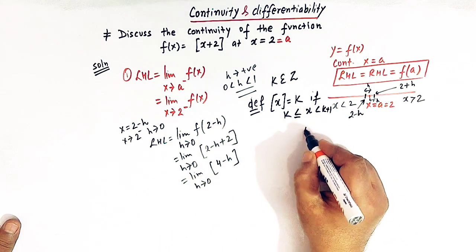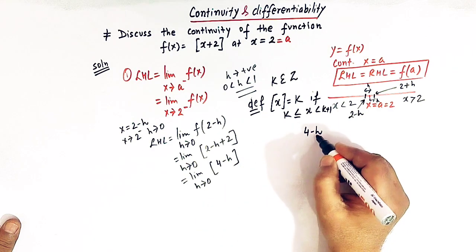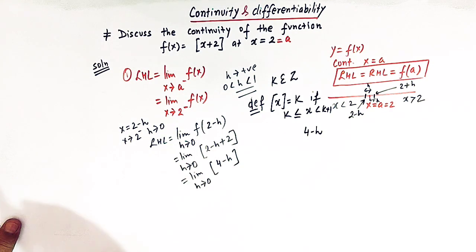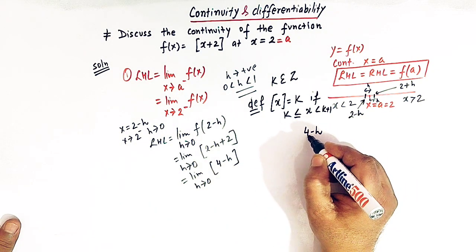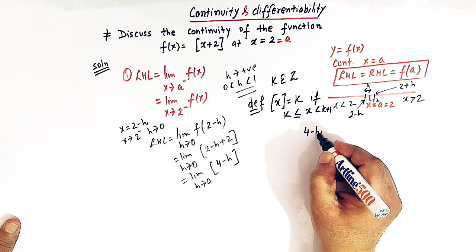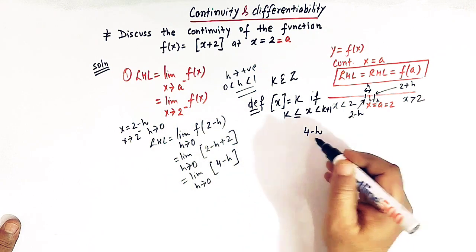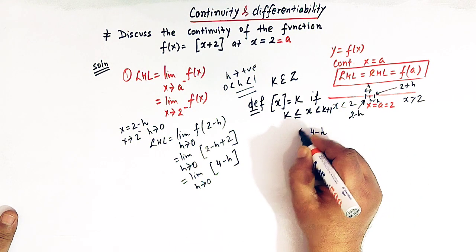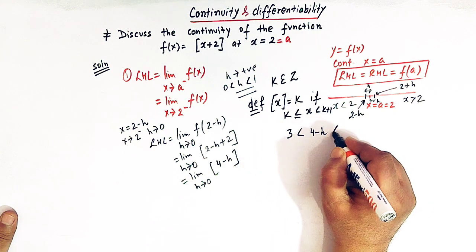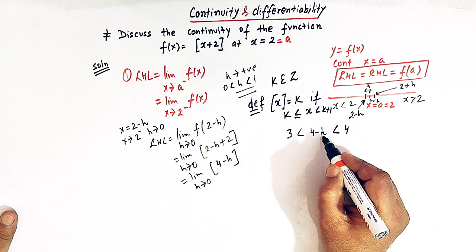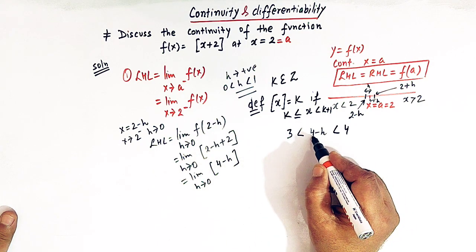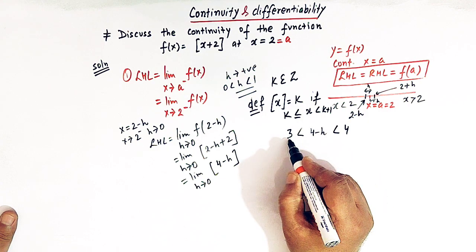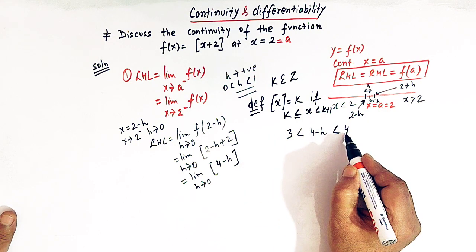So here we have 4 minus h. Now remember, h is a positive quantity and it is very, very small, infinitesimally small. So when we subtract h, a very small quantity, from 4, then 4 minus h is greater than 3, but it is less than 4, right?